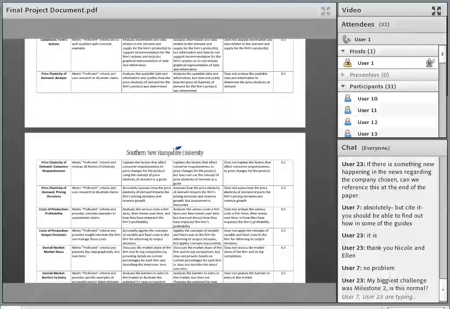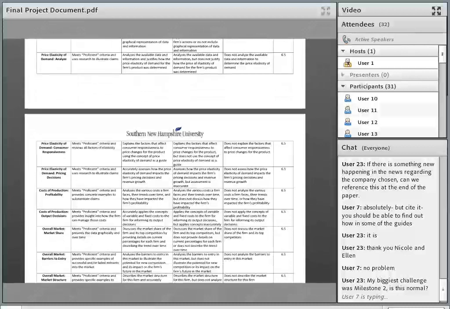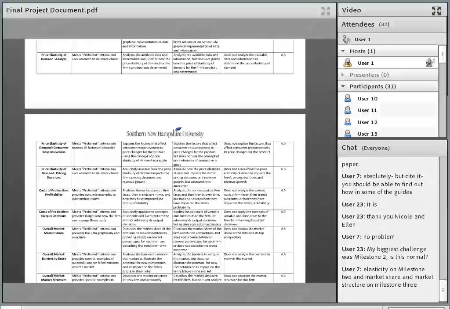The second price elasticity element is also one I want to highlight in particular here. You'll notice that the proficient descriptor says it explains the factors that affect consumer responsiveness to price changes for the product using the concept of price elasticity of demand as a guide. Our textbook outlines 5 different factors that affect price elasticity of demand, and to get exemplary, it asks you to review all 5 of those factors.